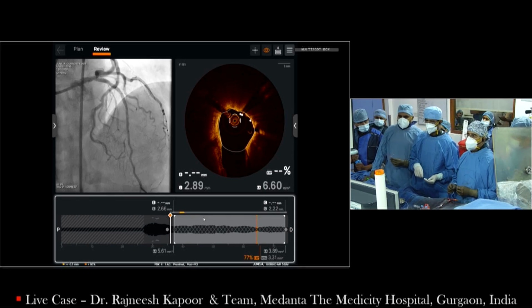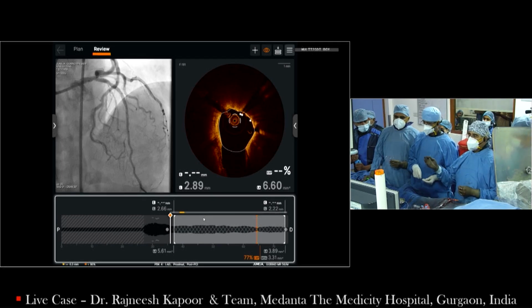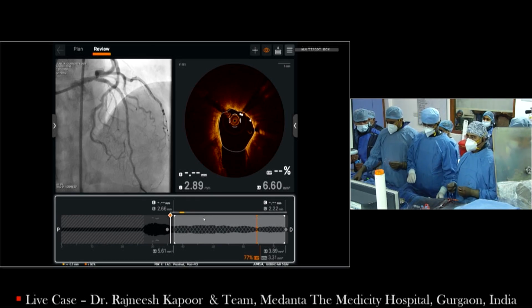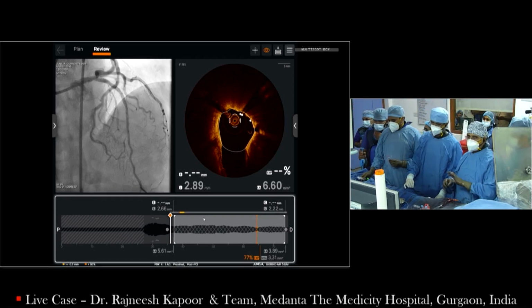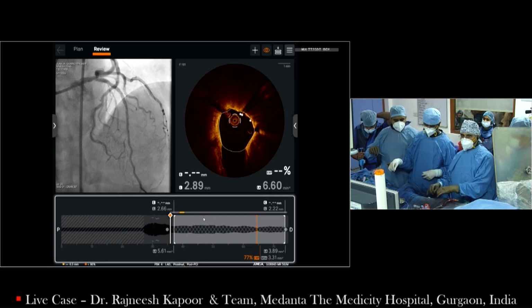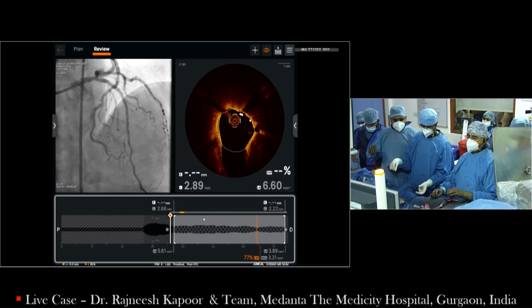And we dilated, although we were finding it a little difficult because it's a dominant circumflex to continue for the 1 minute time. But yes, we did 30 seconds and 30 seconds again immediately. And that's how we completed that DEB. And how it looks like, I'll show you. Take a shot. Come, caudal, please.